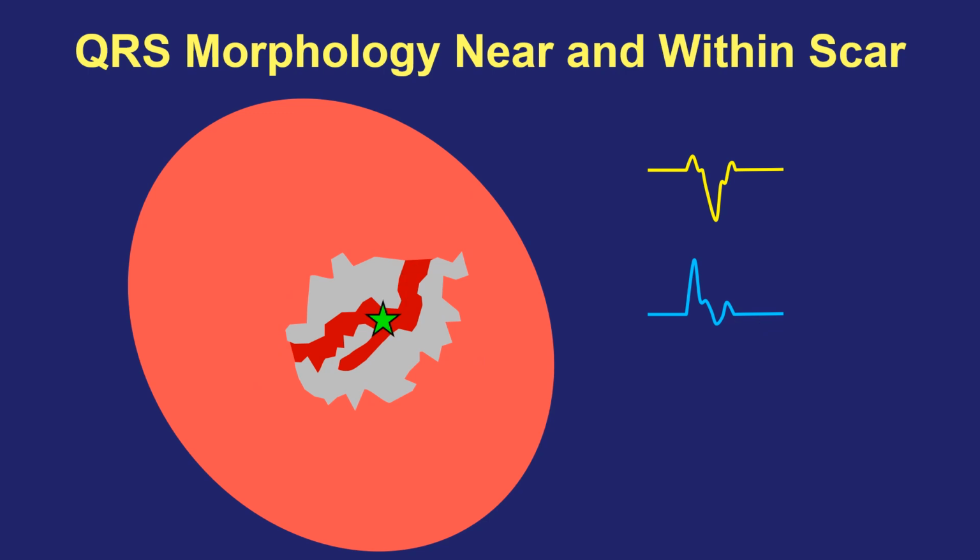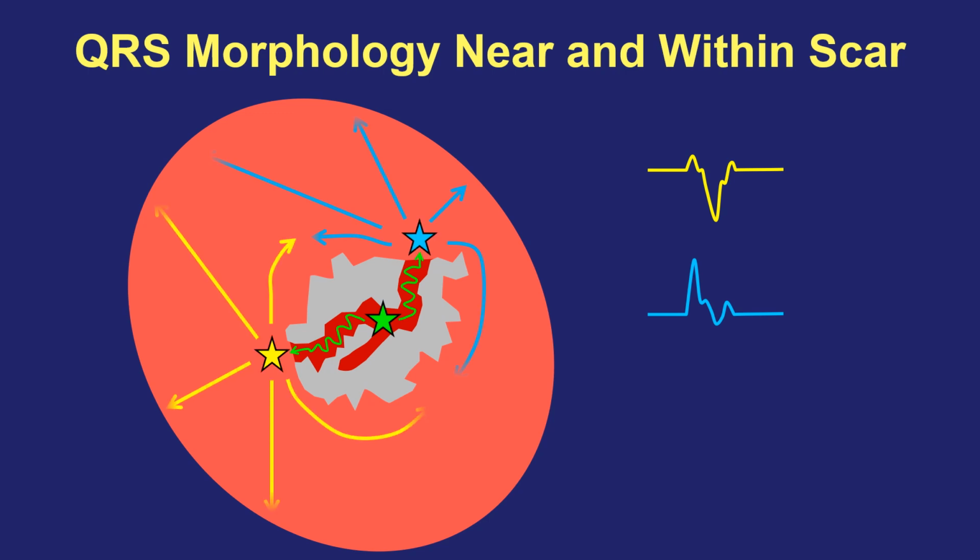What if you pace, though, within the scar? What shape of QRS are you going to create compared to the ones that I showed you where you're pacing outside of the scar? Well, it depends on how that wavefront propagates and where it breaks out, where the exit site or sites may be. You could, during sinus rhythm, exit out more than one location of the scar, and then you would have a resulting QRS that would be a blend, as if you were pacing from both sides of the scar at the same time.